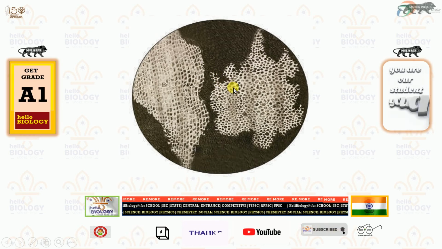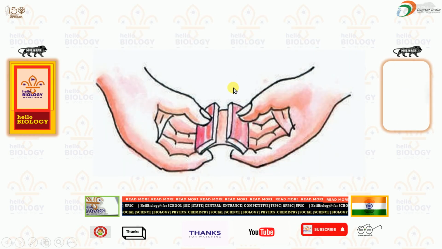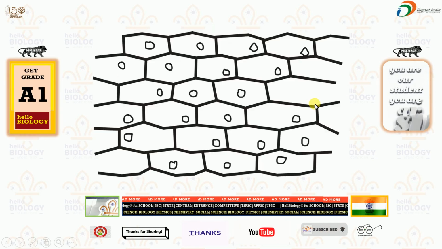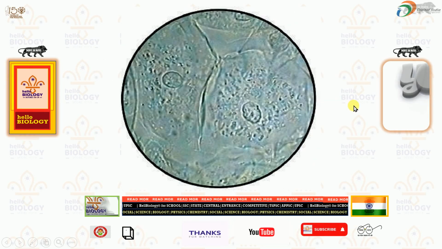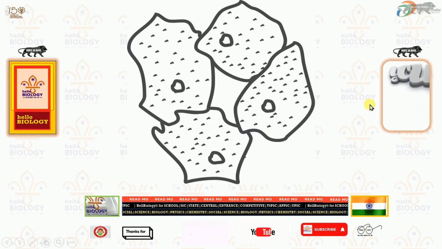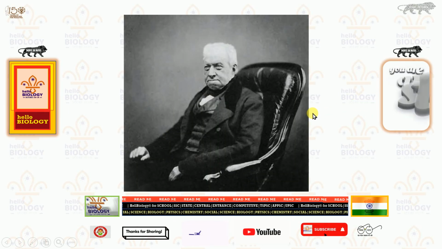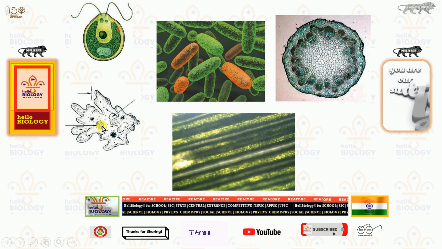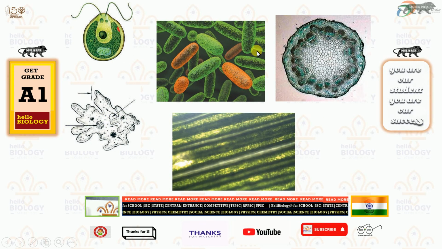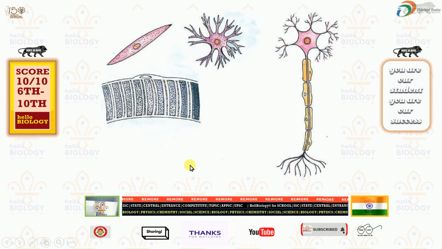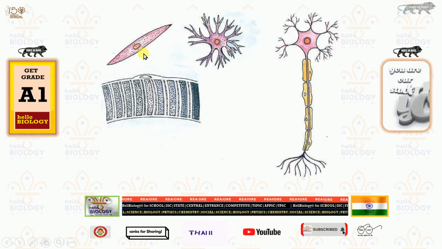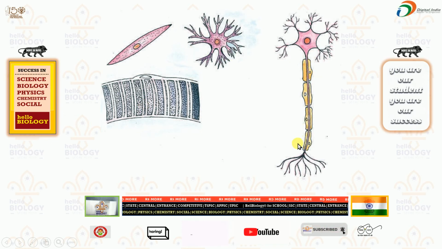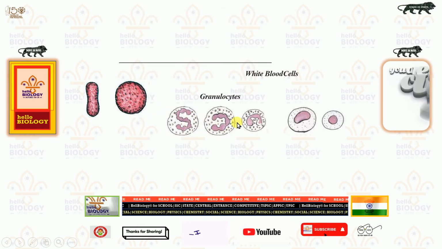Bark, onion peel cutting, onion peel layering out, onion peel focusing under microscope, onion peel cells, cheek cell diagram. And next you have Robert Brown, nucleus, plant cells, stomata, and chlamydomonas, amoeba, bacterium, plant cells, seagrass, muscle cell, striped muscle cell, bone cell, nerve cell, and these are the blood cells.